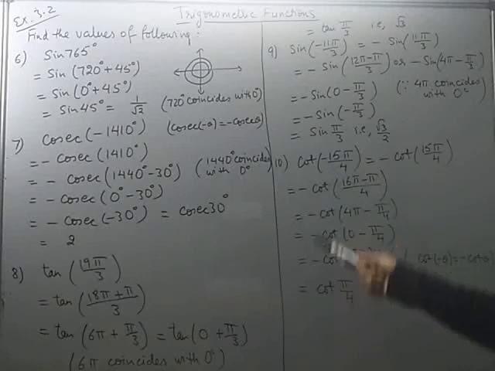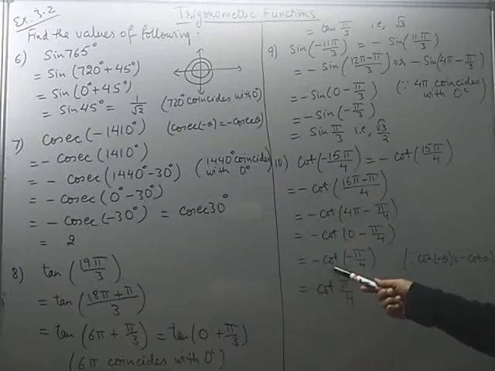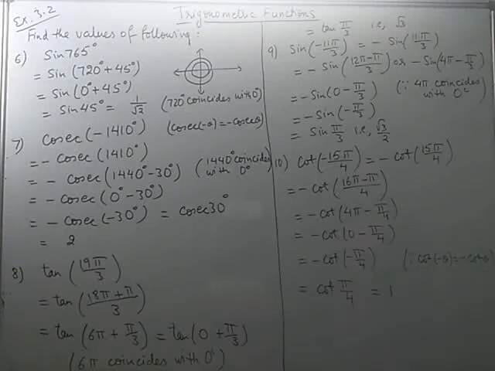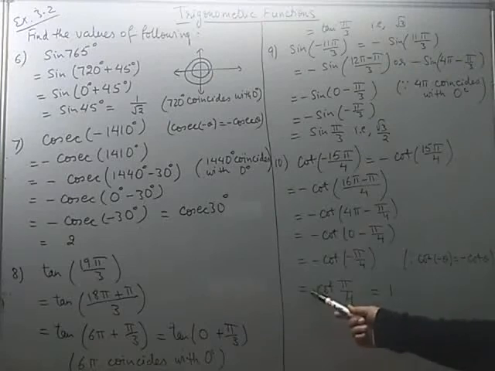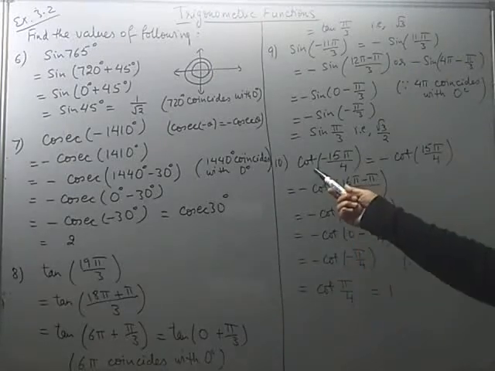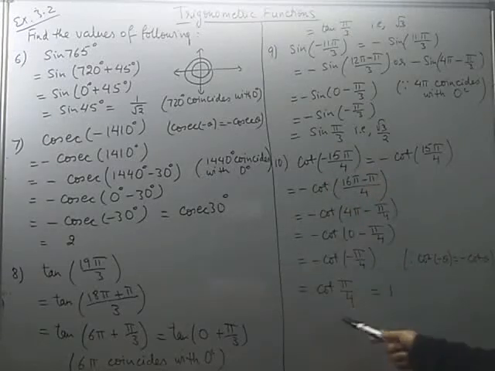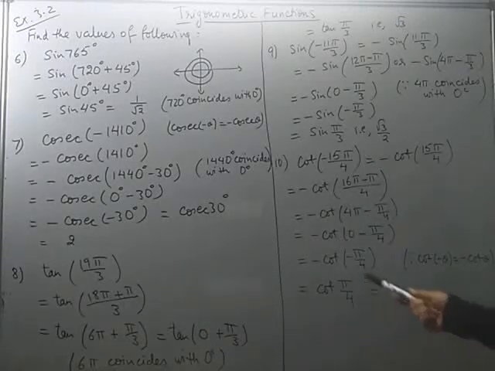And your question is now minus cot of minus pi by 4. Again, see, as cot minus theta is minus cot theta, you can take this minus sign outside and it is now, see the simpler form of this. Same question, trigonometric function, but in simplified form, it is cot pi by 4. Pi by 4 is 45 degrees and cot 45 degrees is 1. So cot pi by 4 is equal to 1.